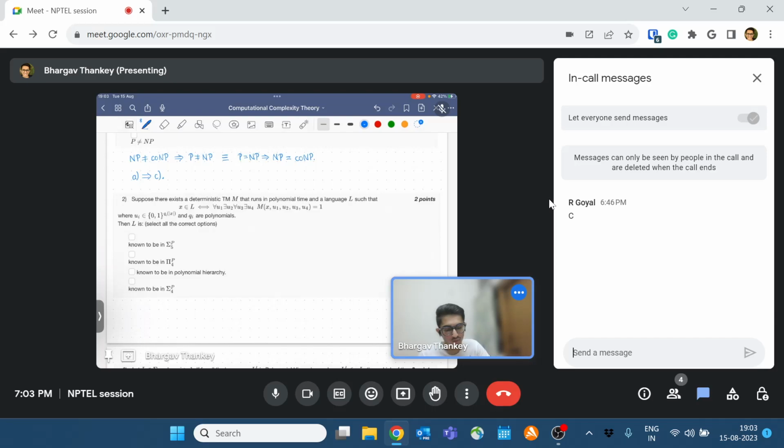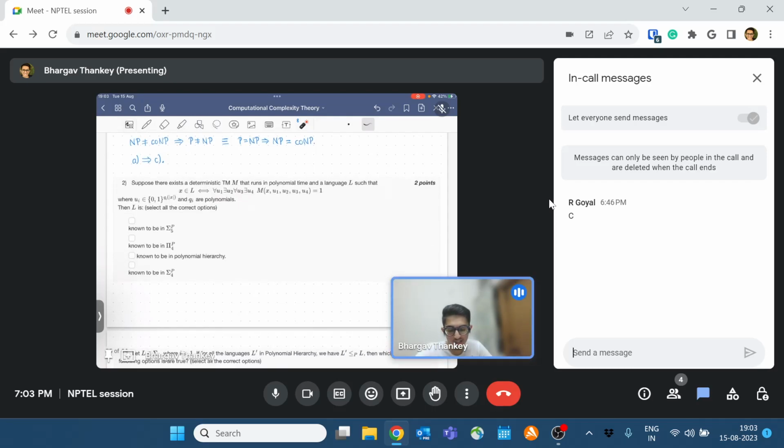So all these four have polynomial size. Select all the correct options: L is known to be in sigma 5 p, known to be in pi 4 p, known to be in the polynomial hierarchy, and known to be in sigma 4 p. Which of these options are correct?